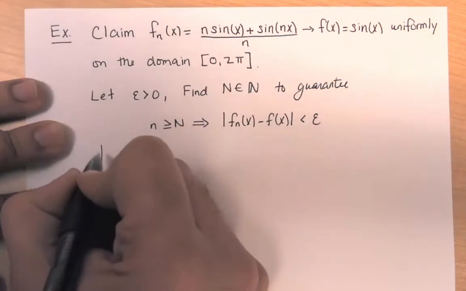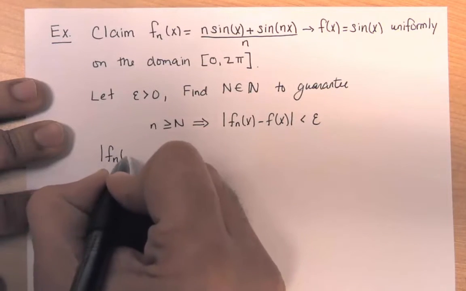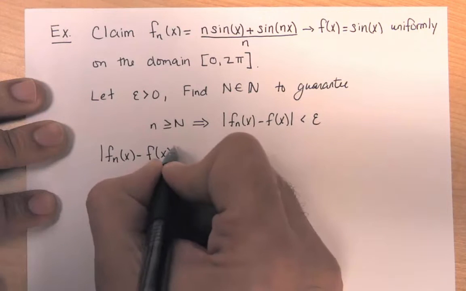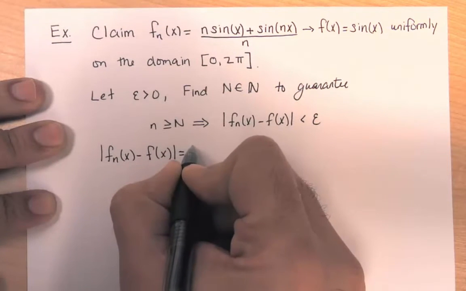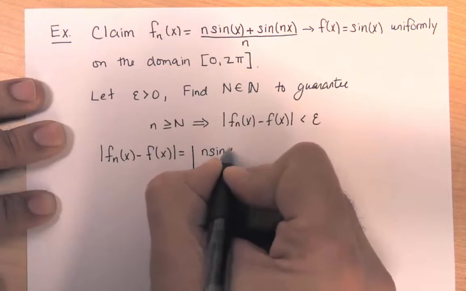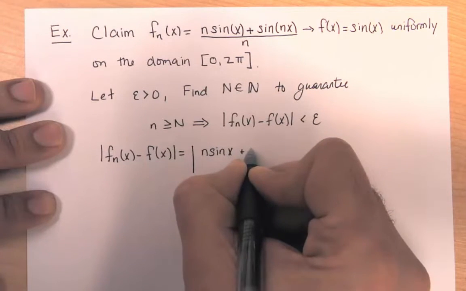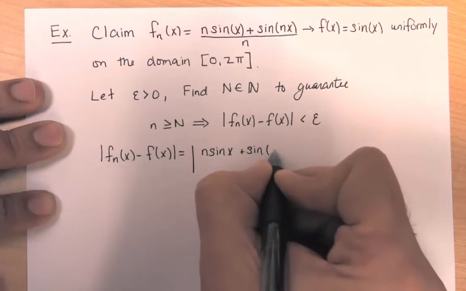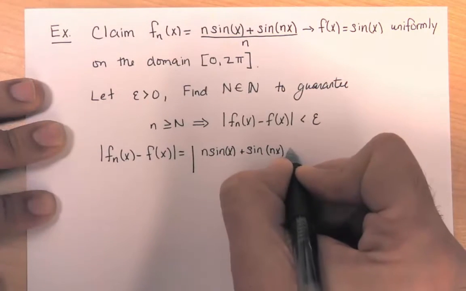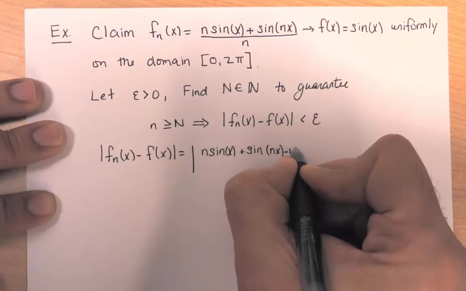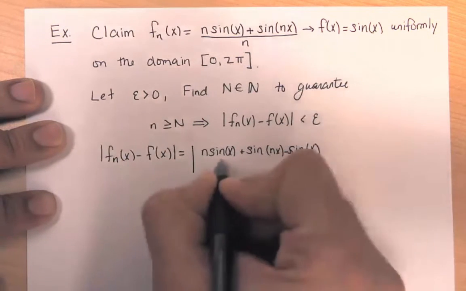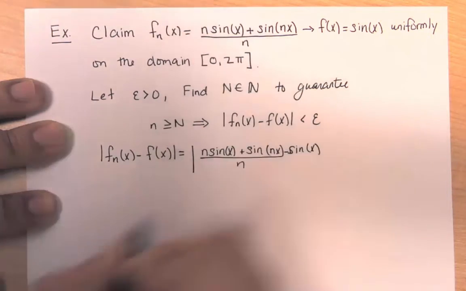Well, f_n of x minus f of x is n sine of x plus sine of n times x, minus sine of x, all over n.